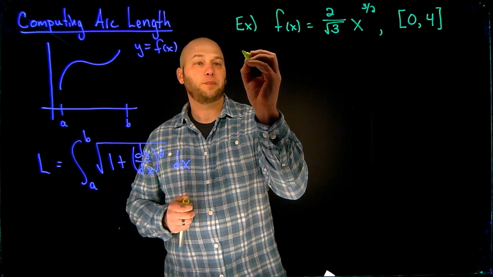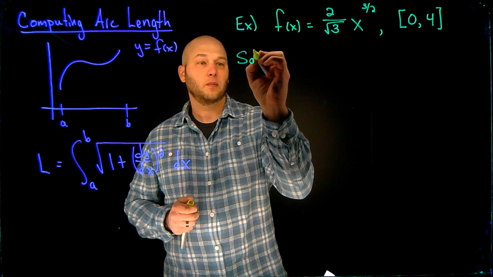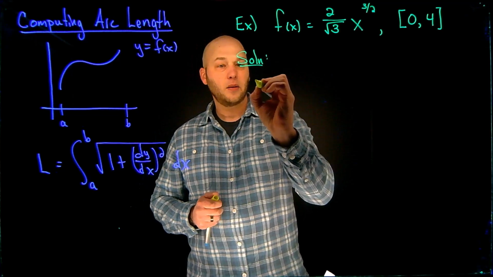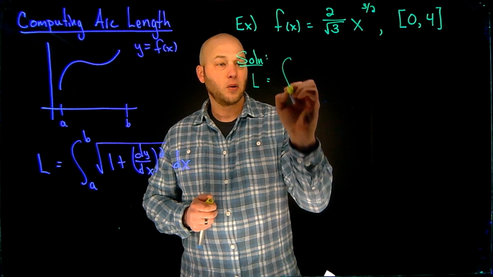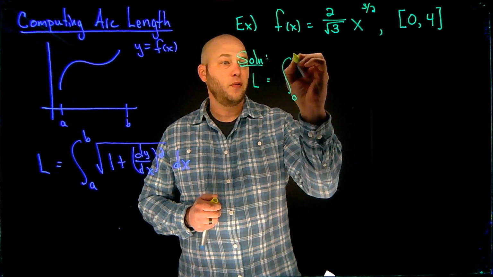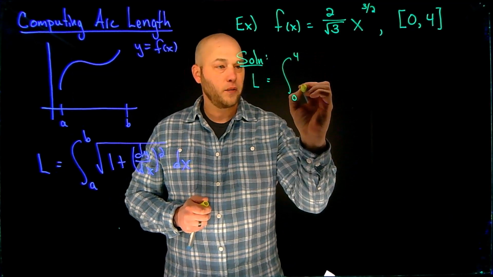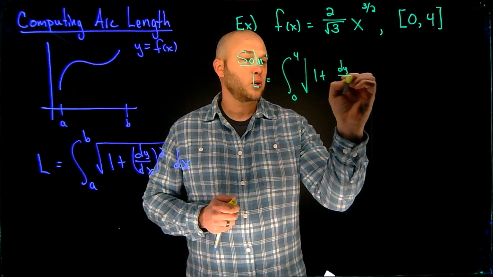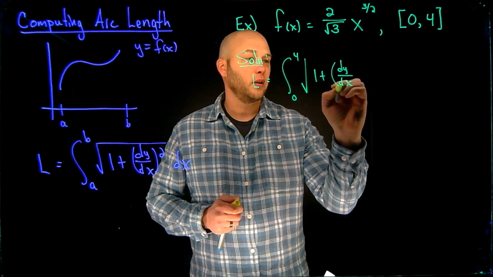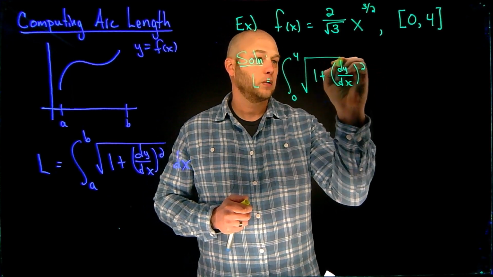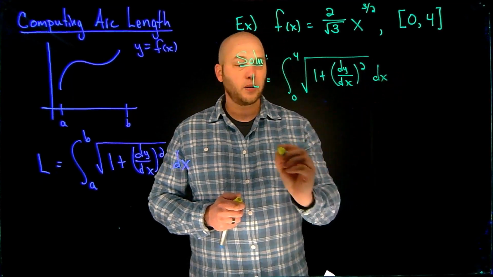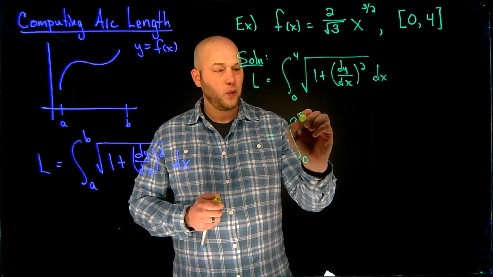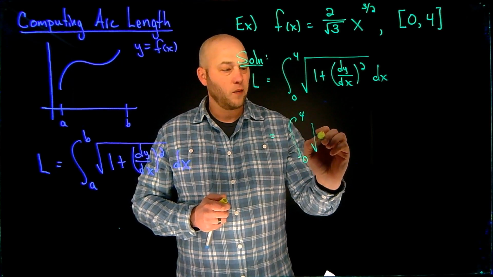Solution. The arc length is going to be the integral from 0 to 4 of the square root of 1 plus the square of the derivative dx. Let's plug things in. This would be 0 to 4, the square root of 1 plus.